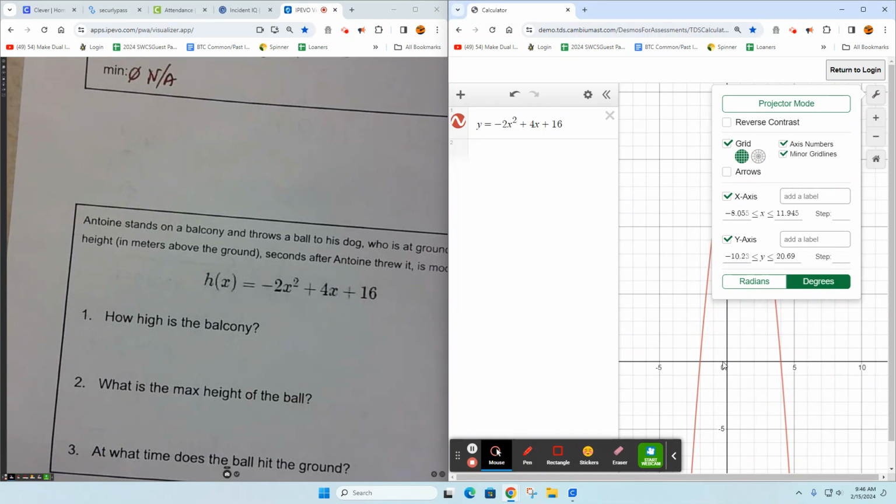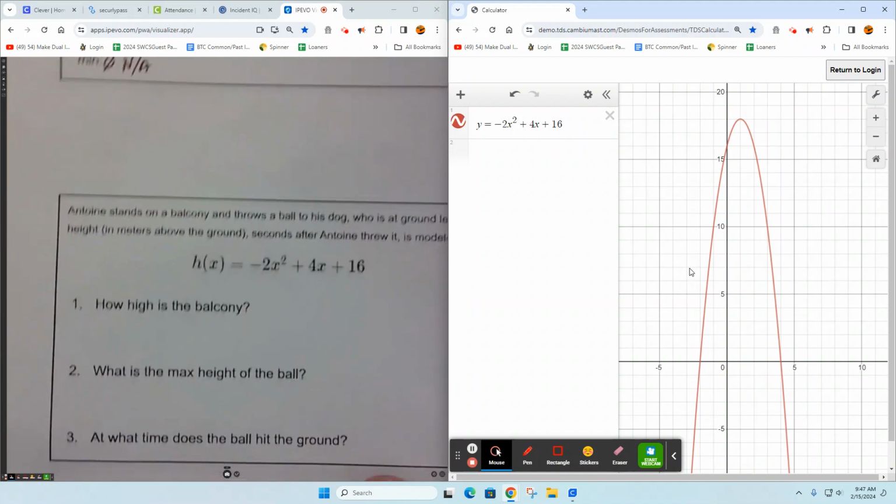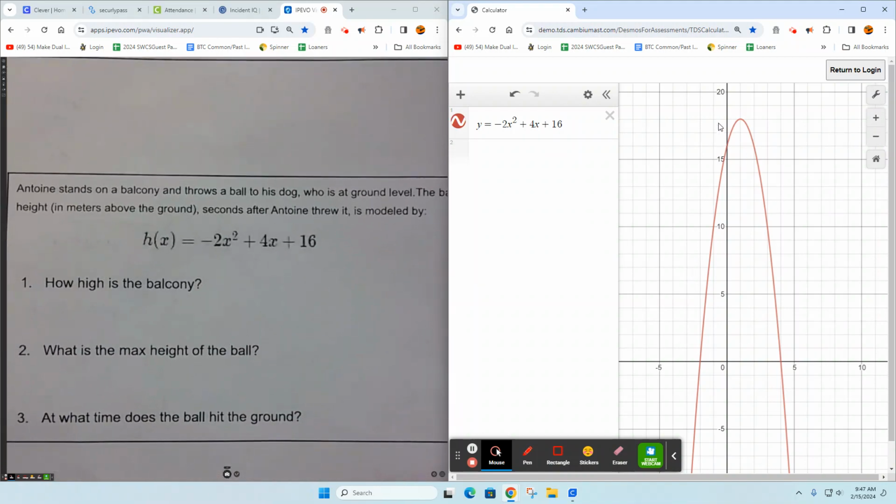If I wanted to clean this up, all I need is, I think, from -5 to +5 for my x, and then maybe -5 all the way up to 20 for y, and I could make the graph a little bit cleaner, but this one's not terrible. So let me read the question, and then I want to talk about different points on this graph.